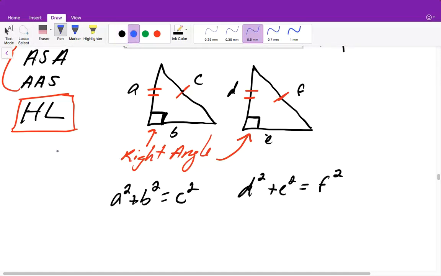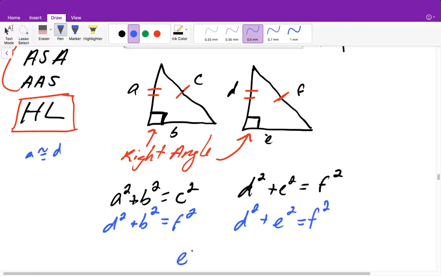And since A is congruent to D, we can substitute D in for here, so D squared plus B squared is equal to, and since F is congruent to C, we can substitute F in here. And since we have the exact same numbers being squared and added to each other, that means that E squared will have to be congruent to B squared, 100%. All right, so this is the last one, HL.